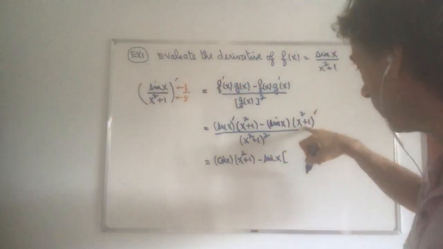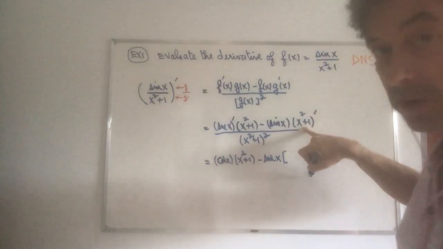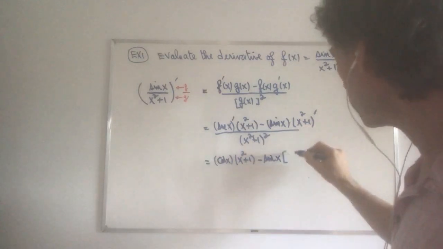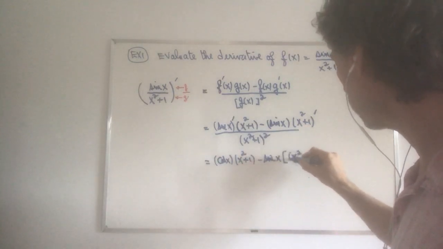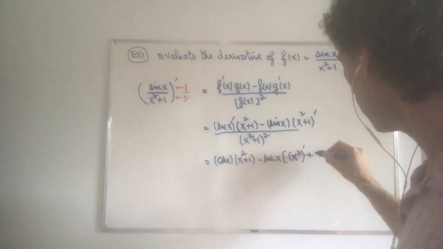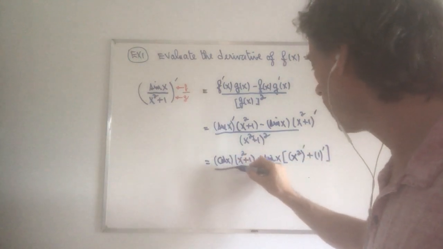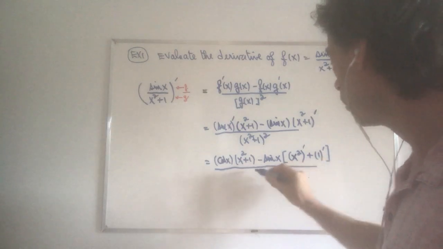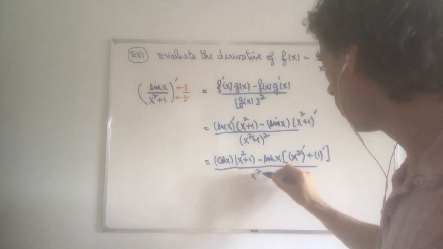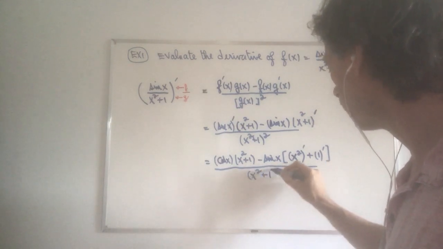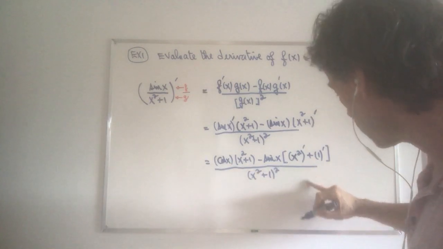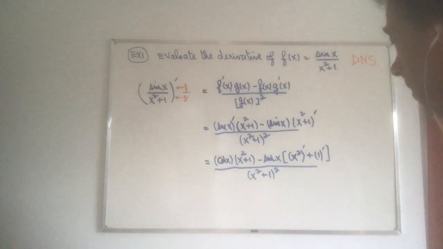Well, I got a plus here, right? So that's going to be my rule number 6. That's going to be the derivative of x squared plus the derivative of 1. The whole shebang over x squared plus 1 squared.